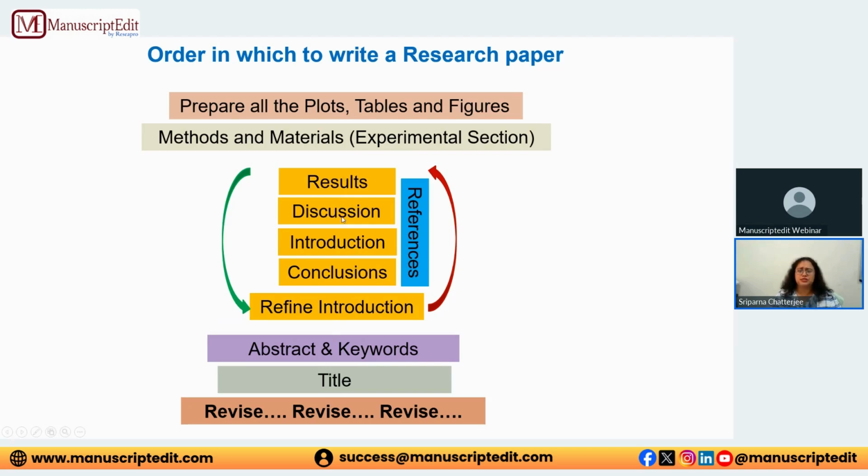Once I finish the result and discussion, along with the experimental and the plotting and figures, then I go to the introduction, because now I know what I have done. Then I look at what people have done earlier, and how to bridge the gap. So then I write the introduction.